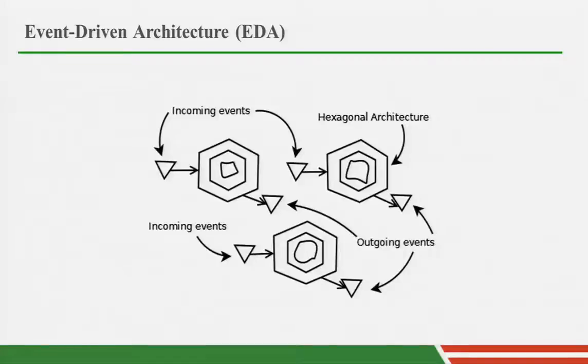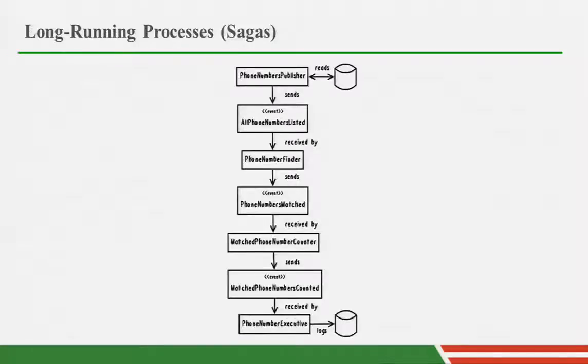So we can use hexagonal again in an EDA, and we're going to talk about our EDA for NanoTrader here in a few minutes. And we have things like long-running processes, so we can have a pipes and filters approach with event-driven architecture, and have these events provide input for filters, and the filters create new events until the final thing happens.